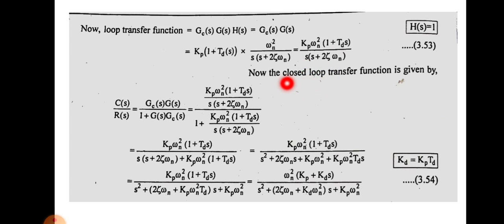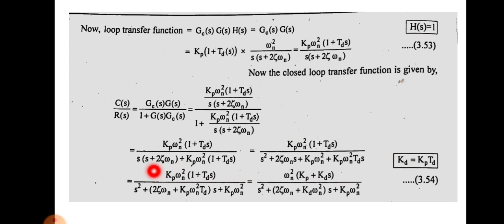So now we can find the closed loop transfer function as C(s) divided by R(s), which has the equation Gc(s) G(s) divided by 1 + G(s) Gc(s). If we substitute the values, we will get Kp omega n square (1 + Td s) divided by s(s + 2 epsilon omega n) + Kp omega n square (1 + Td s).